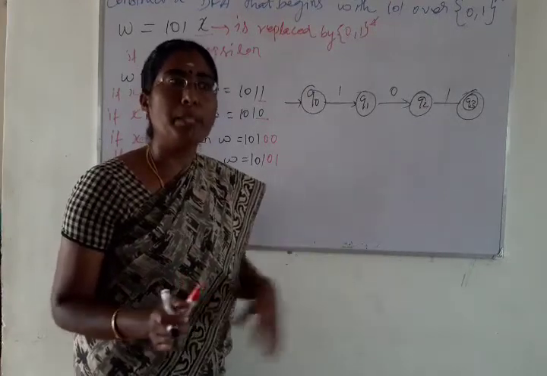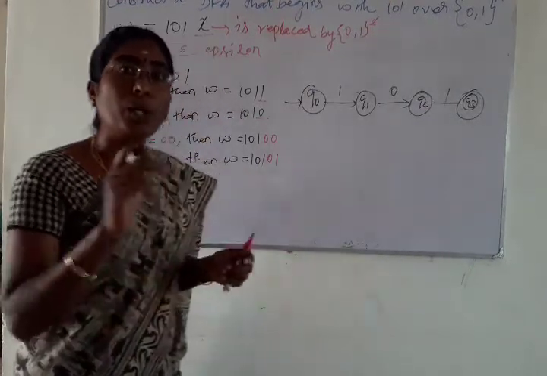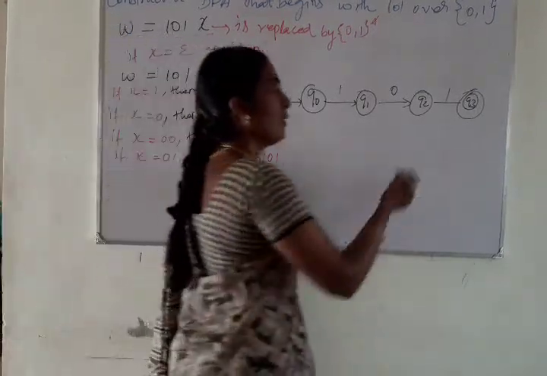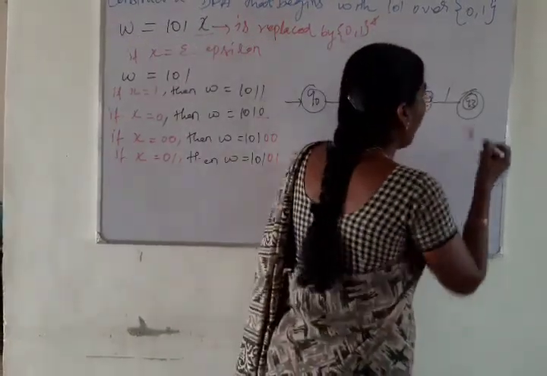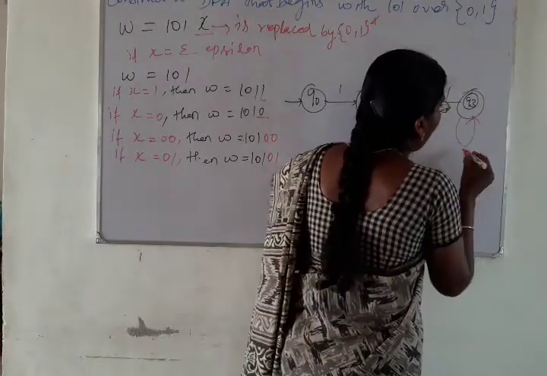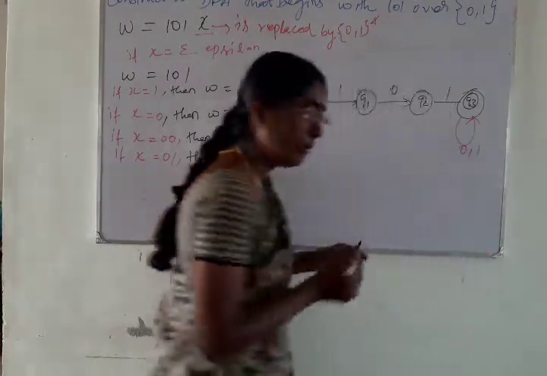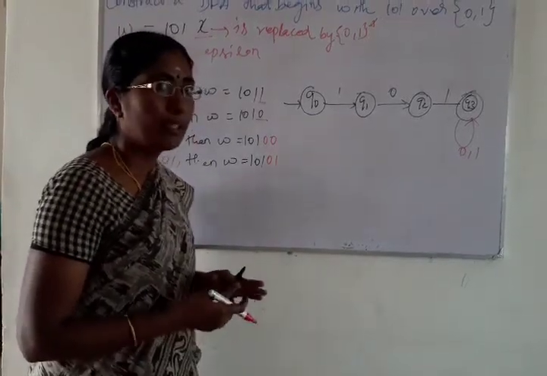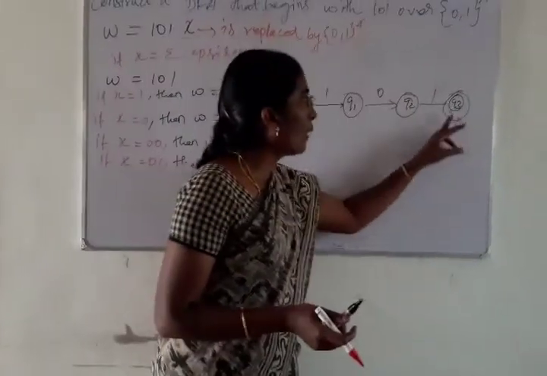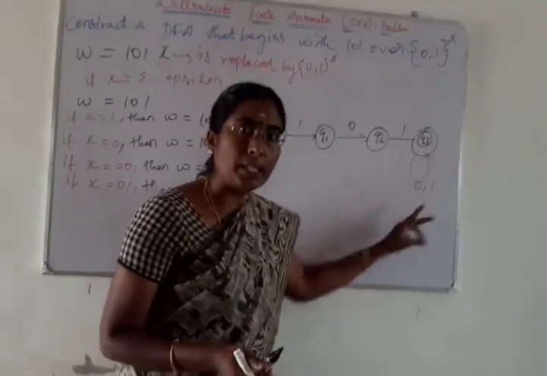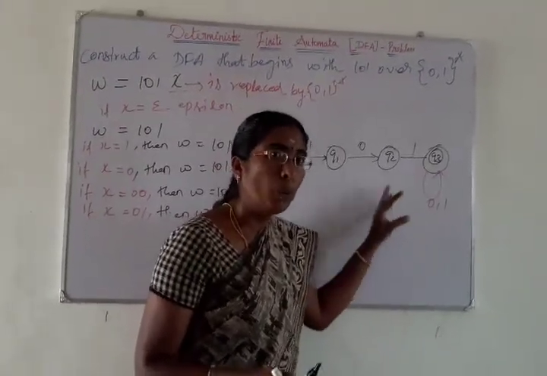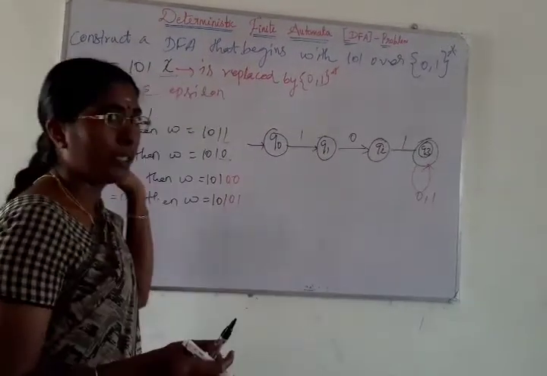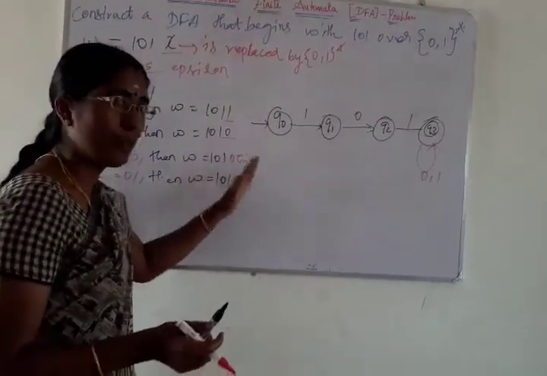Any sequence of symbols over 0, 1, that is (0,1) whole star, can be represented as a self transition on the state Q3 for the input symbols 0, 1. Now this is enough for the problem of 101 followed by any sequence of symbols.